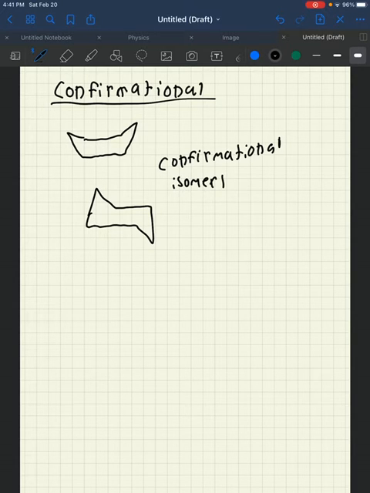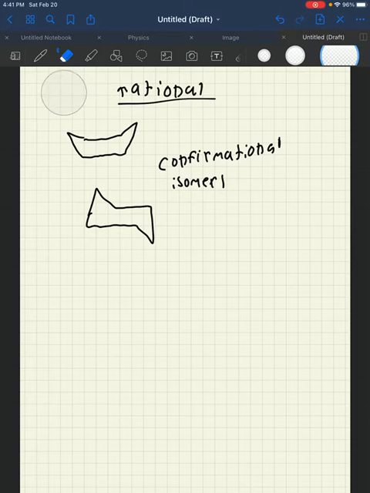All conformational isomers are basically the molecule bent or contorted in a way that changes its conformation. So going from a boat to a chair is technically a conformational isomer. Kind of confusing to understand, but that's really the only conformational isomer you're probably going to run into this chapter. So we'll breeze on over that.